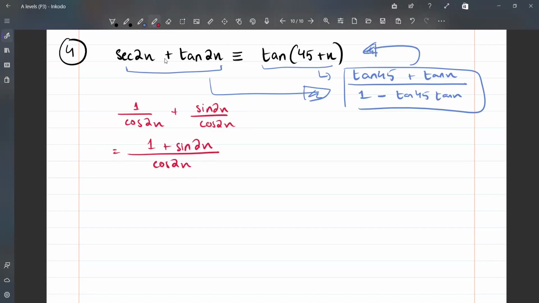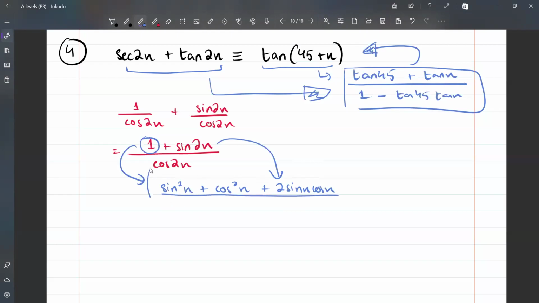So yes, 1 here can be written as sine square x plus cos square x, and sine 2x can be written as 2 sine x cos x, and this cos 2x can be written as cos square x minus sine square x.